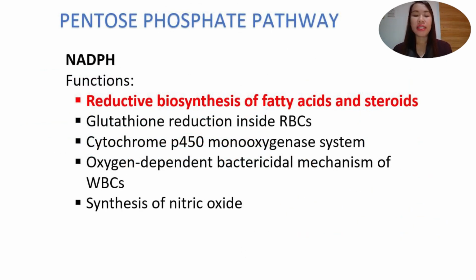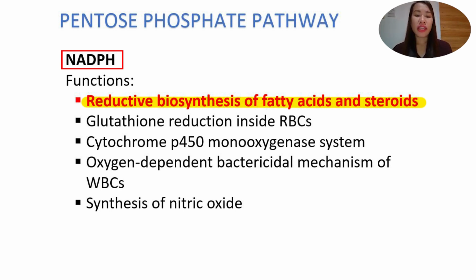Now, having seen this and having understood what is the oxidative phase and non-oxidative phase, now let's discuss, class, since the pentose phosphate pathway produces NADPH for the body, we have to understand what its function is. So first, we have here a reductive biosynthesis of fatty acids and steroids. Just a quick review.